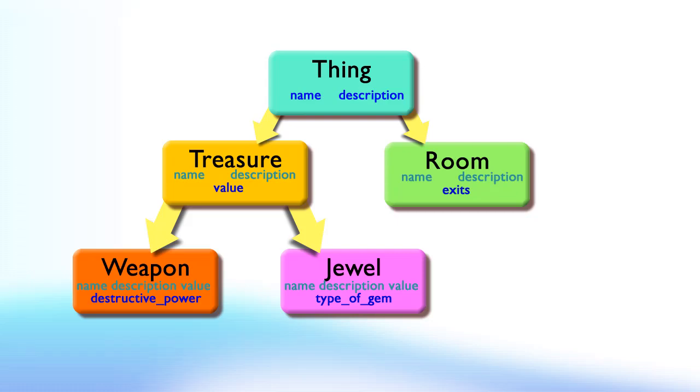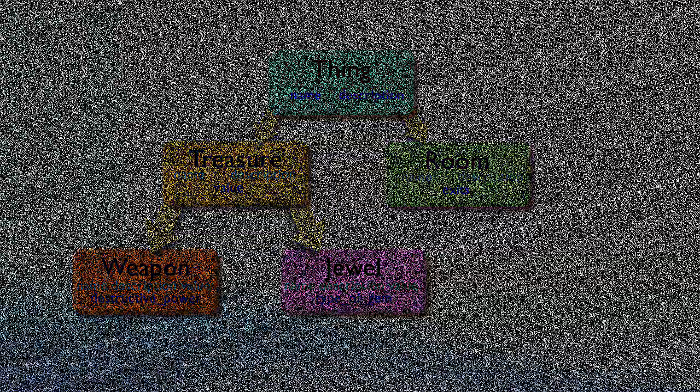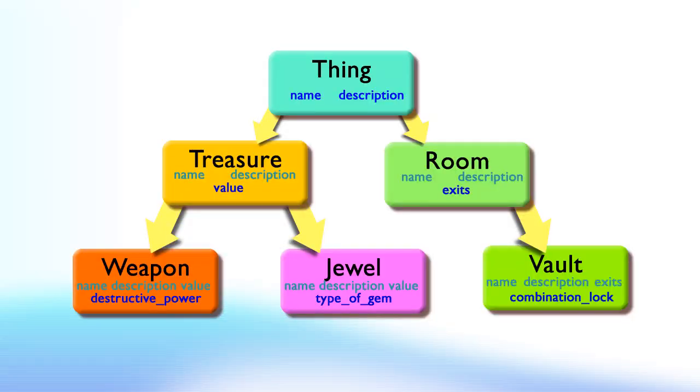And I can go on to create other lines of descent. For example, here the vault class descends from room, so it inherits name, description and exits, and it adds on combination lock.